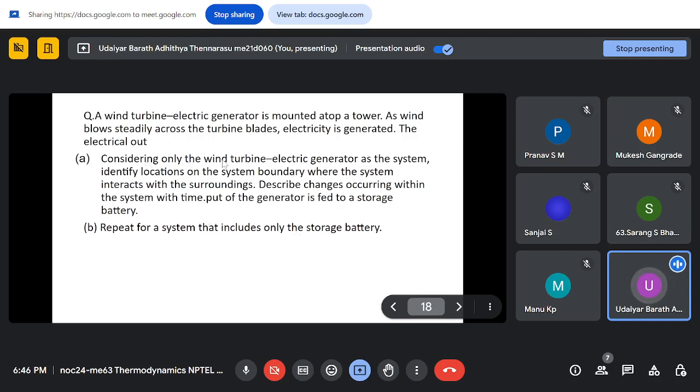Considering only the first part of the question, take only the wind turbine and electrical generator as a system, identify locations on the system boundary where the system interacts with the surrounding, and describe changes occurring within the system with time.